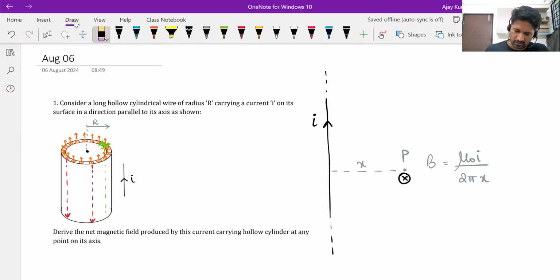I'll just draw it a little longer. Let this be the current. So you can see the current direction. You can see the point P where we want to find out the magnetic field. Now, both of you try and tell me the direction of the magnetic field that green colored current creates at point P.